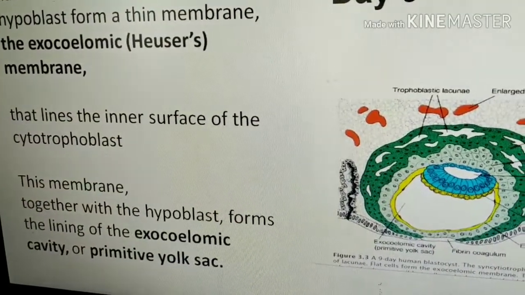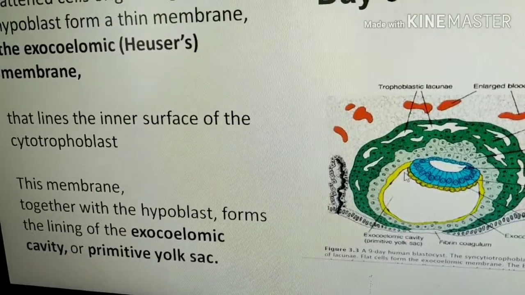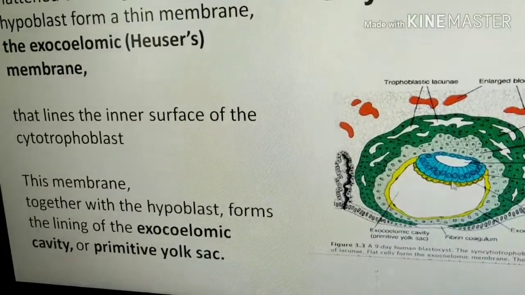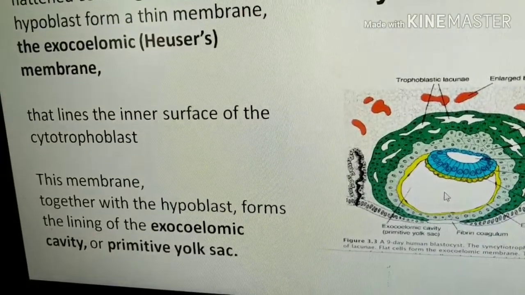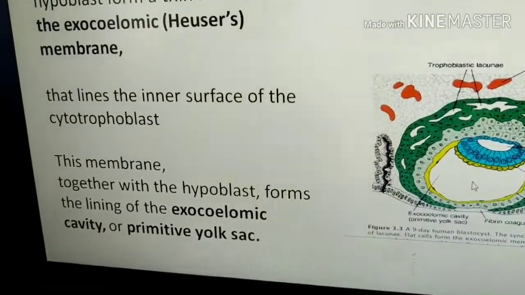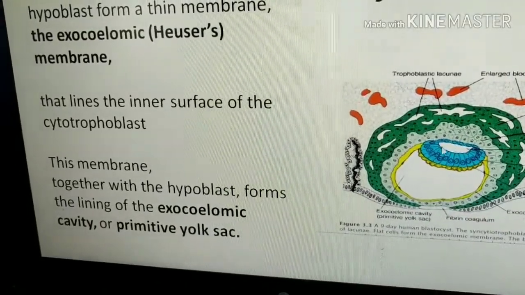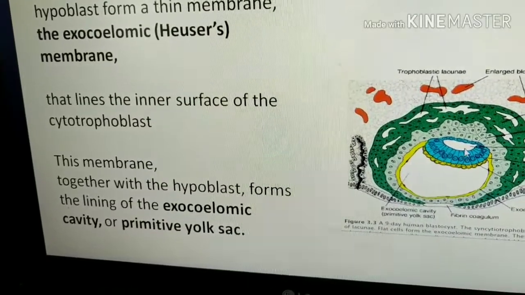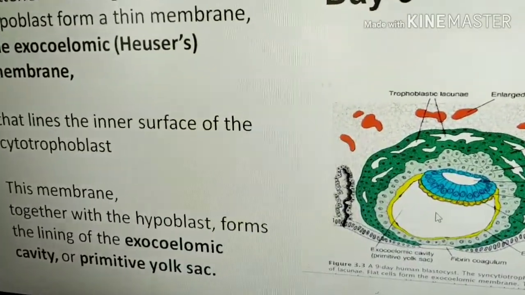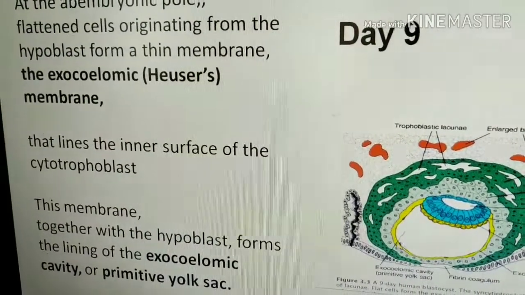So this exocoelomic membrane and the hypoblast enclose the cavity. This cavity is known as the exocoelomic cavity or primitive yolk sac. So this is the primitive yolk sac and this is the amniotic cavity. There are two cavities: one is the amniotic cavity, another is the exocoelomic cavity or primitive yolk sac.